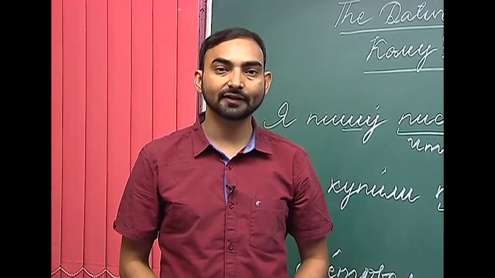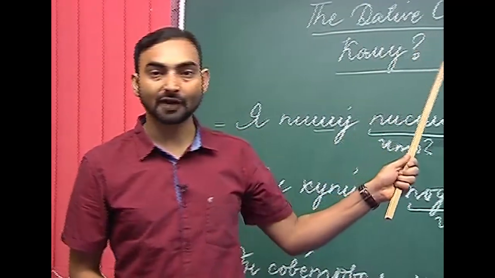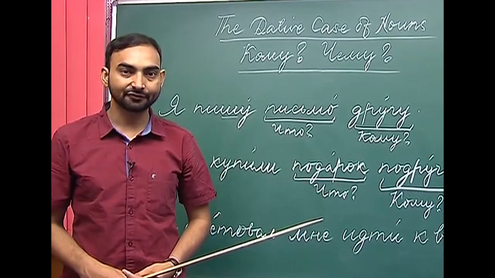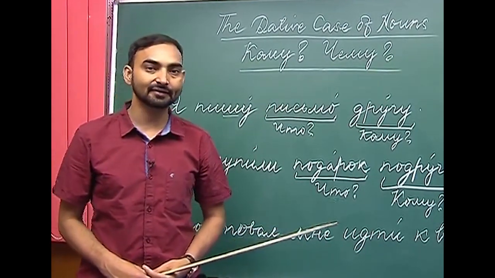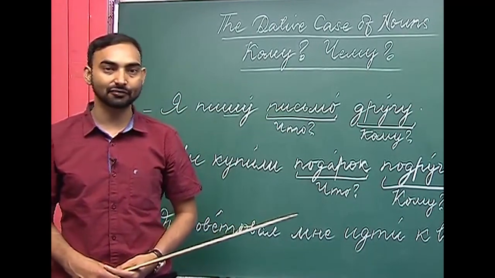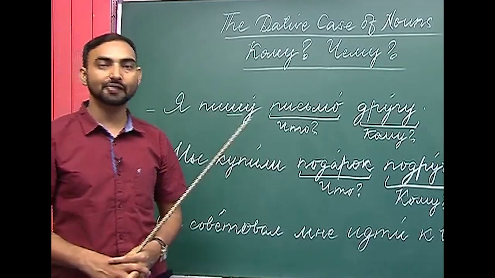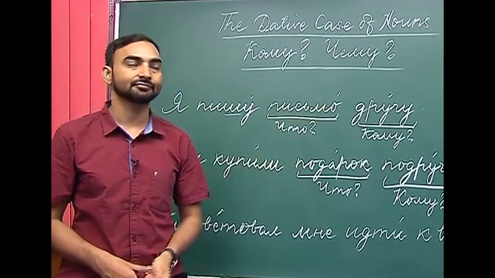The next topic for this lesson today is the dative case of nouns. So, this is another case. So far we have done nominative, accusative and prepositional cases. Now, we will discuss what the dative case of nouns is in the Russian language. The first thing we have to do is the interrogative pronouns, or the questions to which the dative case of nouns answer.